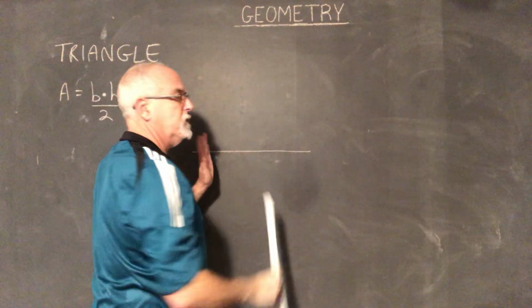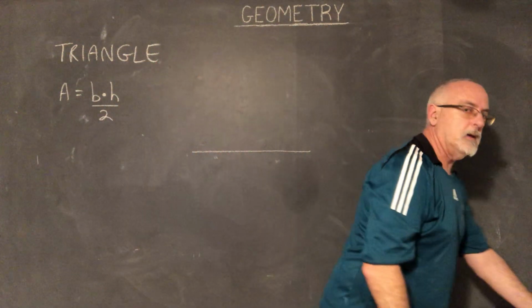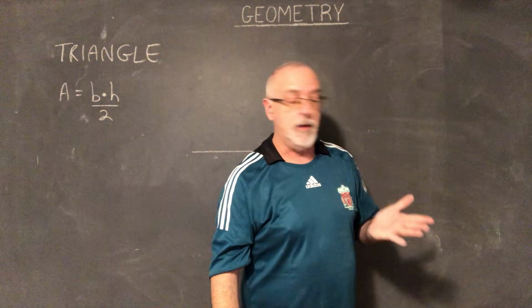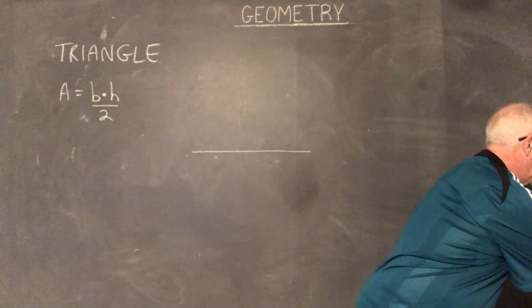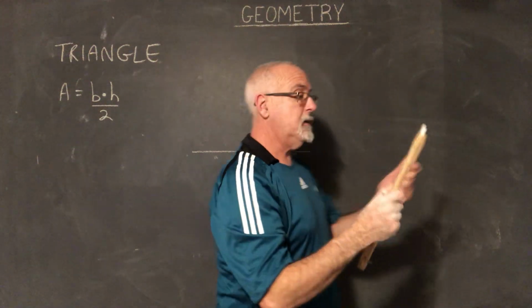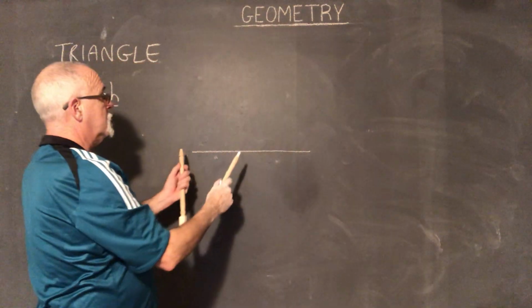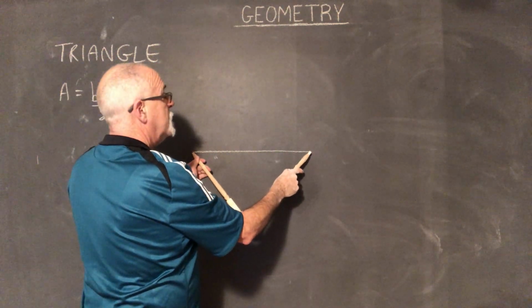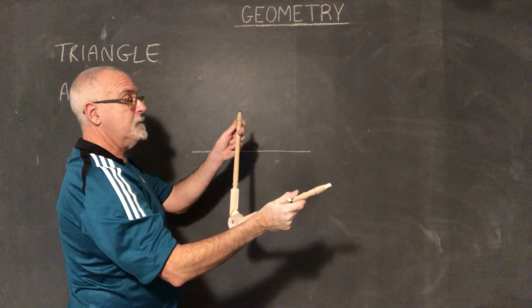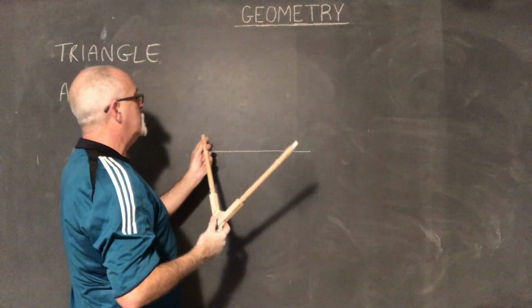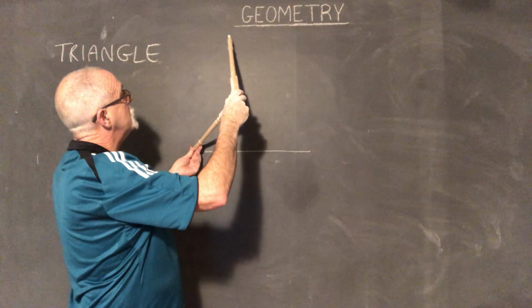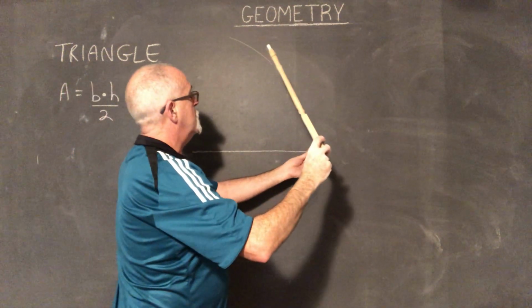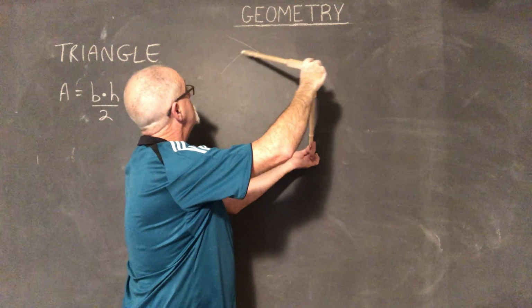Now, how do I make sure it's equilateral? Equilateral means all 3 sides have to be the same length. So I'm going to do that, pulling out my trusty compass. And I'm going to use this 20-inch side to help me set the 2 tips of the compass 20 inches apart. And then I'm just going to draw an arc from this end and an arc from this end.